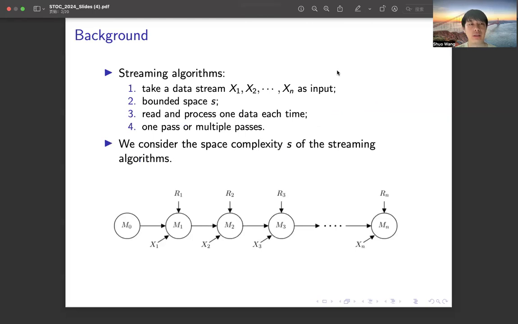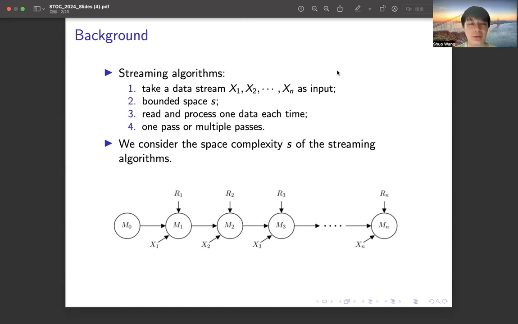Let me first introduce some background knowledge about streaming algorithms. A streaming algorithm usually takes a data stream. Here, we use x1, x2 to xn to denote the data stream as its input. It uses bounded space to achieve its computational goal.